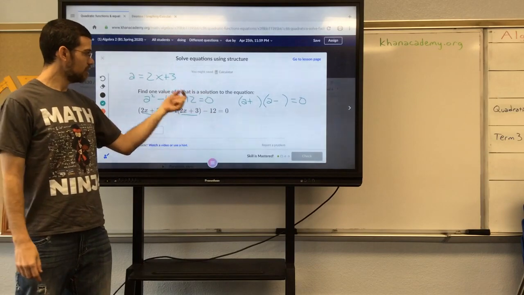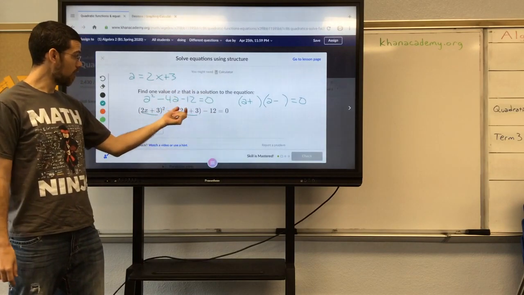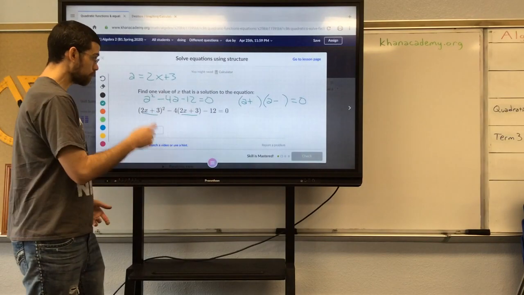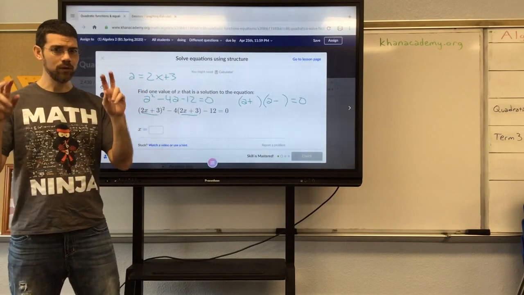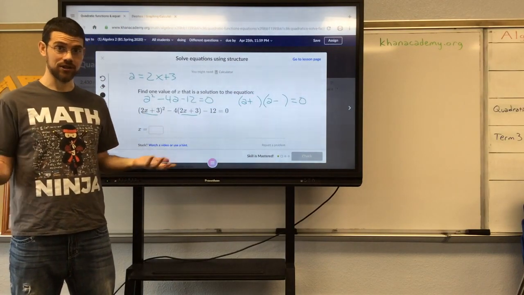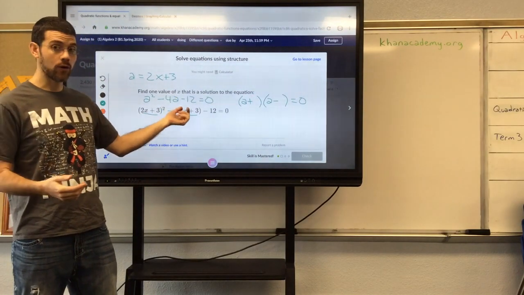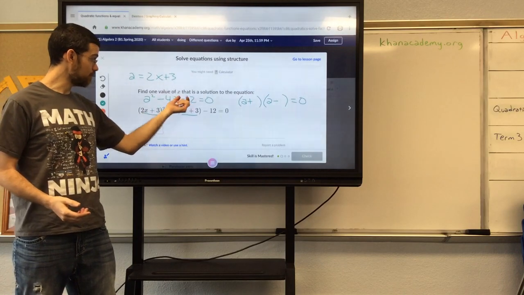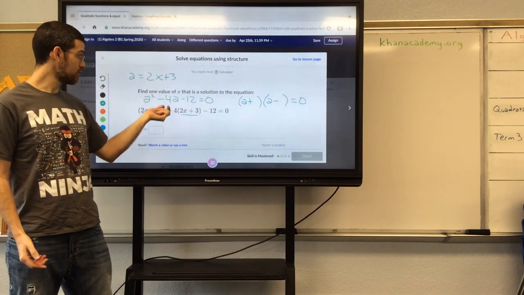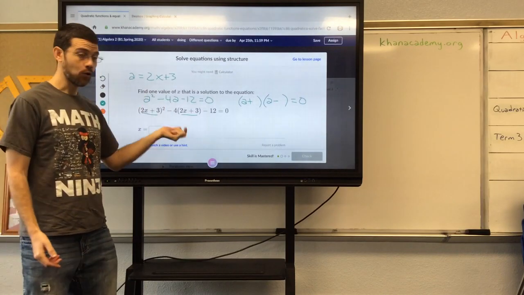Now those numbers, the product has to equal negative 12 and the sum has to equal negative 4. When we add a positive and a negative, really we're going to do some subtraction. So another way to say this is our product has to be negative 12 and the difference between the absolute values has to be 4.